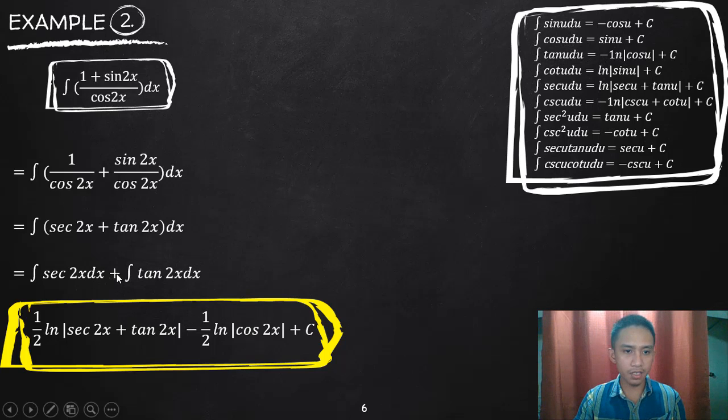That's why your original plus here became minus in our answer. Your u again is 2x. And that's it, we are done integrating, so there is no integral sign. We are now ready to write down your constant of integration c. So that is your answer for number 2.